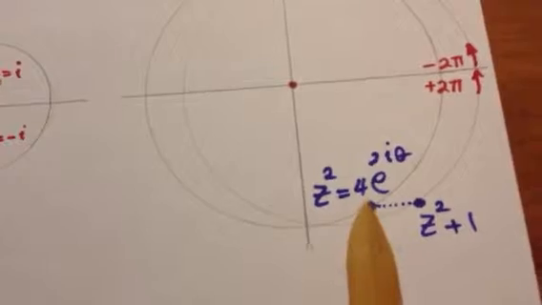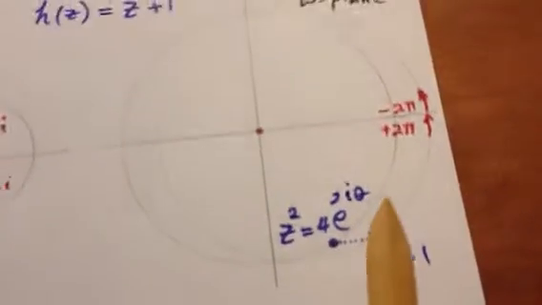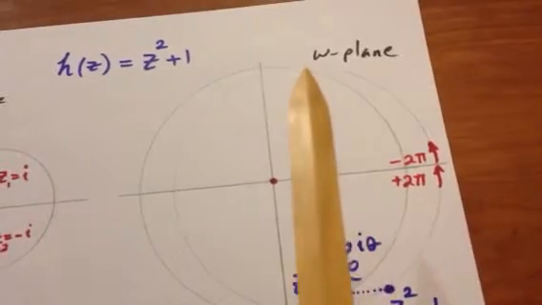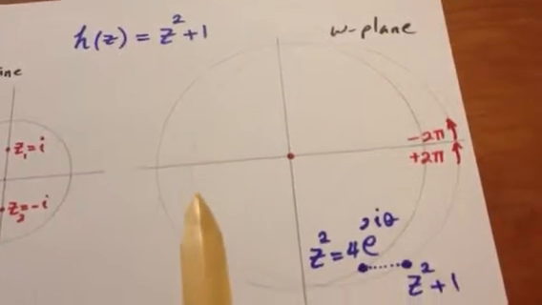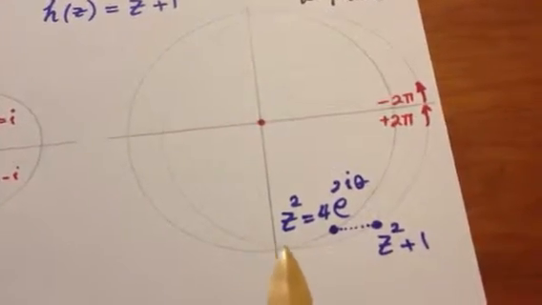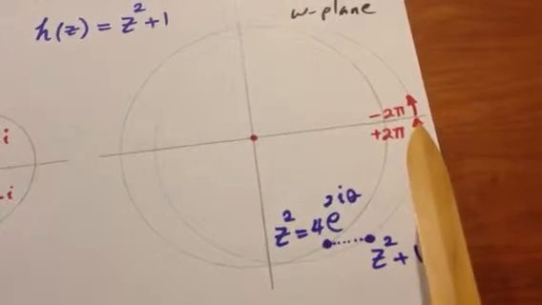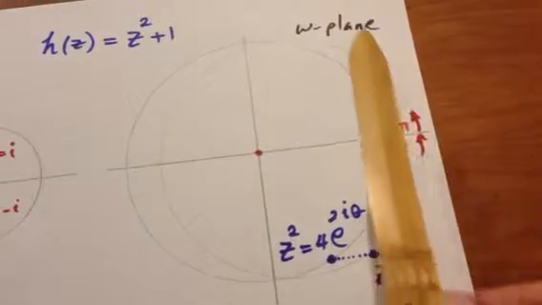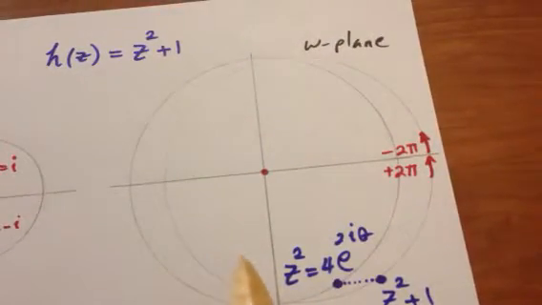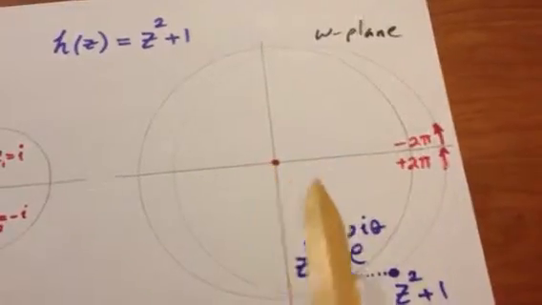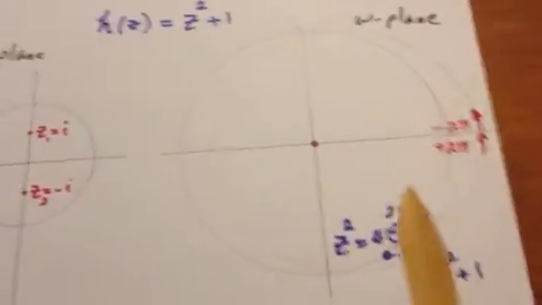Okay, and after you add 1, it would move on this shifted circle. For the first zero, it moves around once, and then for the second one, another time. So it winds around the origin twice.